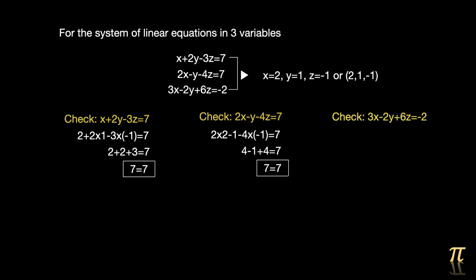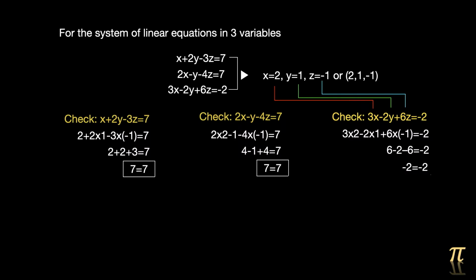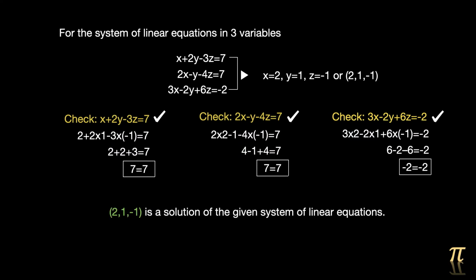And for the remaining equation, put the values of x, y and z and see that again you get the same result, a true statement. So each equation is satisfied by (2, 1, -1). So it is the solution of the system of linear equations.